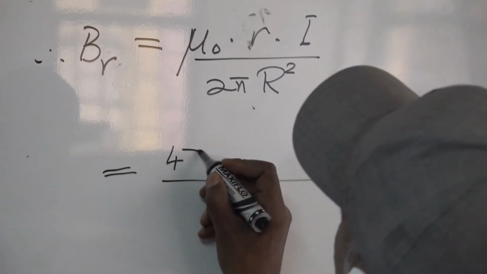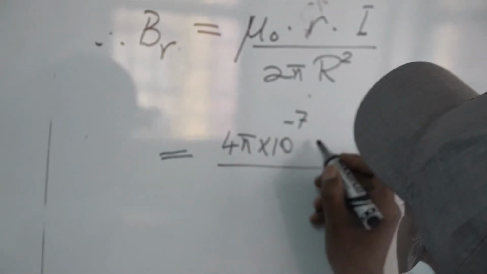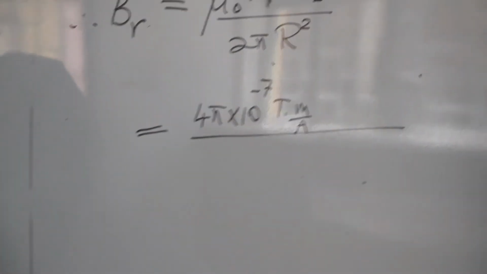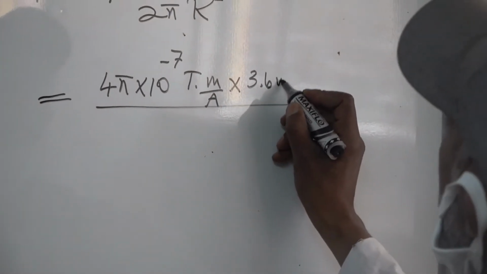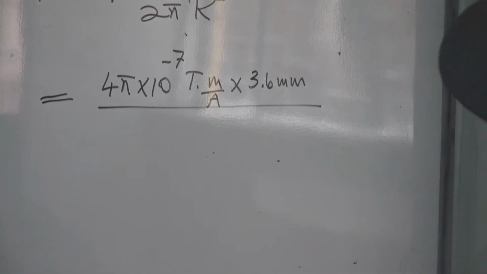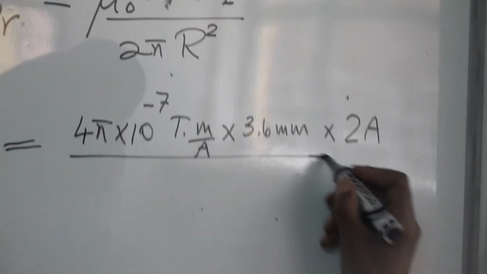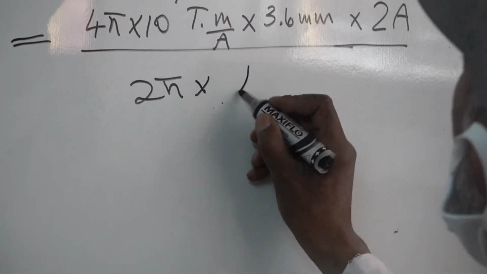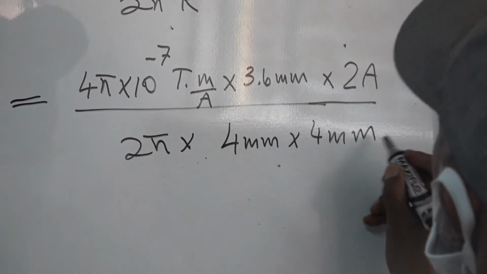Mu 0, as you remember, is 4 pi times 10 to the power of minus 7 Tesla meter per ampere. And that times 3.6 millimeter. It's not yet the time to convert it into meters; there will come a time. So the current is 2 amperes divided by 2 pi times R squared. R is 4 millimeter times 4 millimeter.